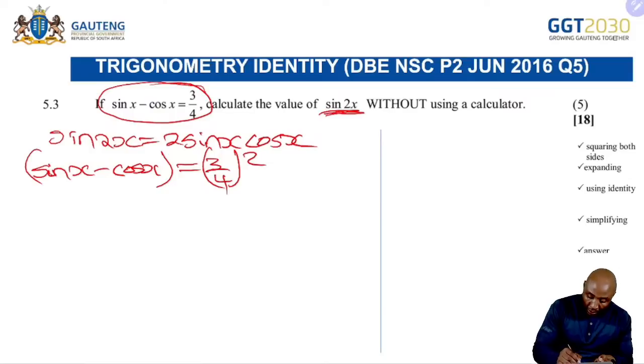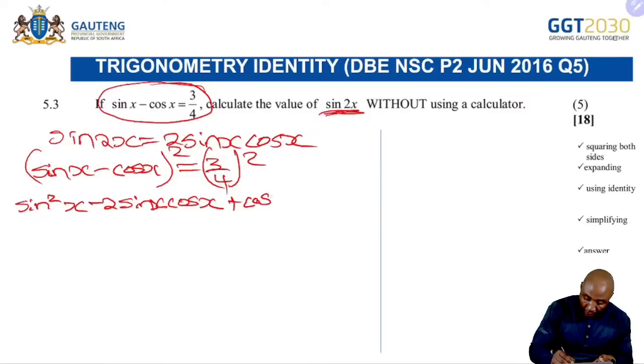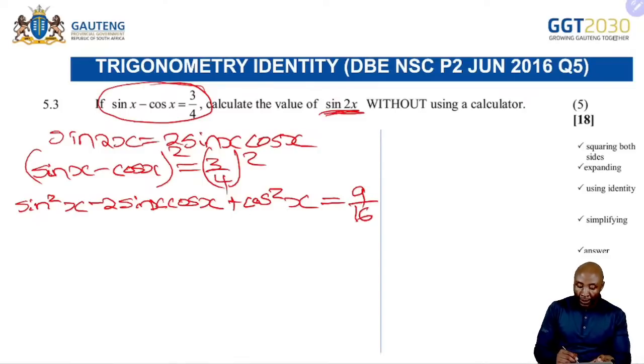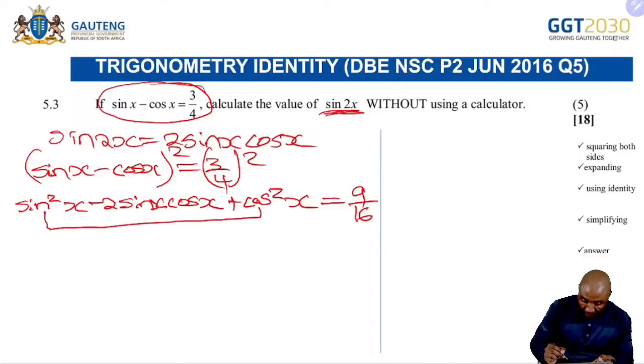You square both sides, you'll get sine squared x minus 2 sine x cos x plus cos squared x is equal to 3 over 4 squared, which gives us 9 over 16. But what do I realize? That's an identity. So sine squared plus cos squared gives me 1.